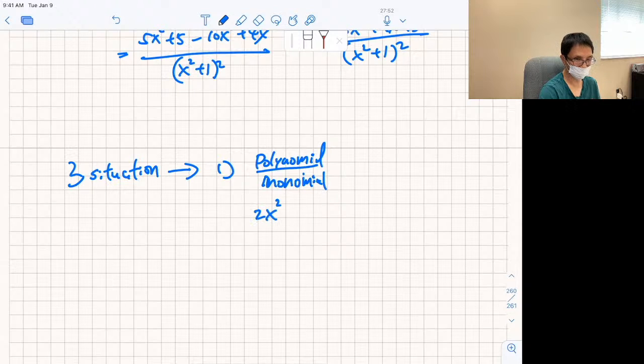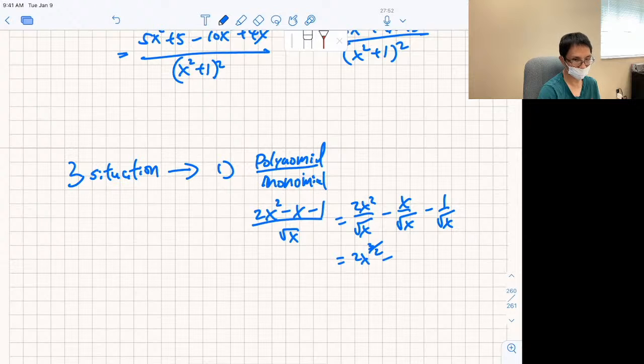For example, you have 2x squared minus x minus 1 over the square root of x. It's much easier to split it out and then take the derivative from there, because your homework is going to have some of those. If you take the derivative from there, it's much easier and much cleaner, and you don't have to use the quotient rule.